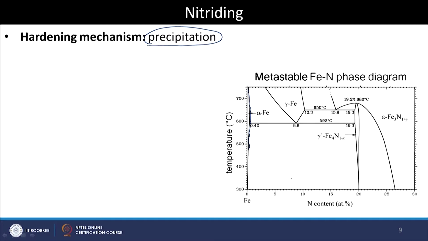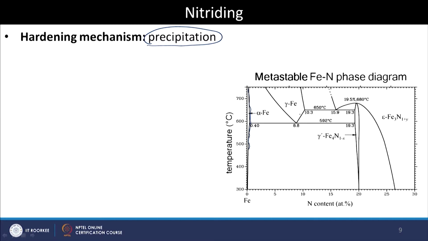Now actually we know that, like in the iron carbon phase diagram, here also gamma iron has a large solubility for nitrogen, right. Like 10.3 atomic percent at this 650 degrees Celsius. However, we do not want to go to this temperature.